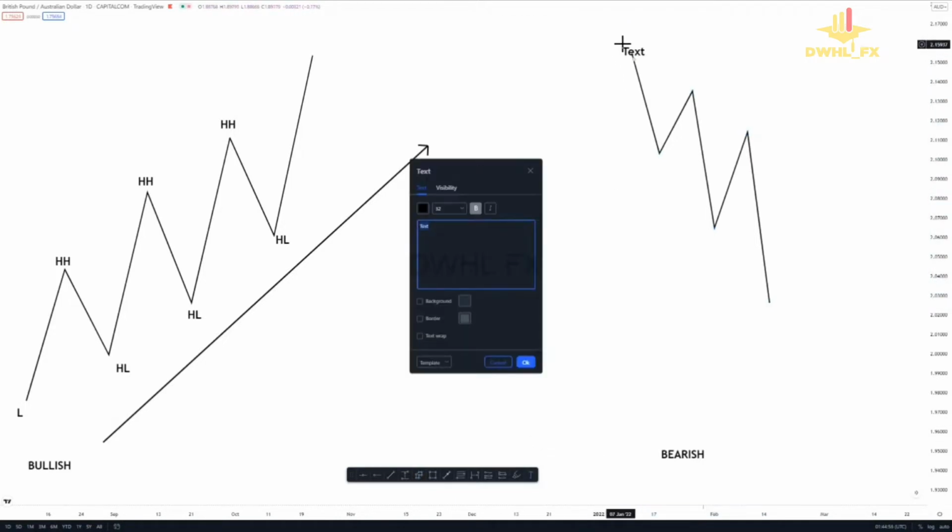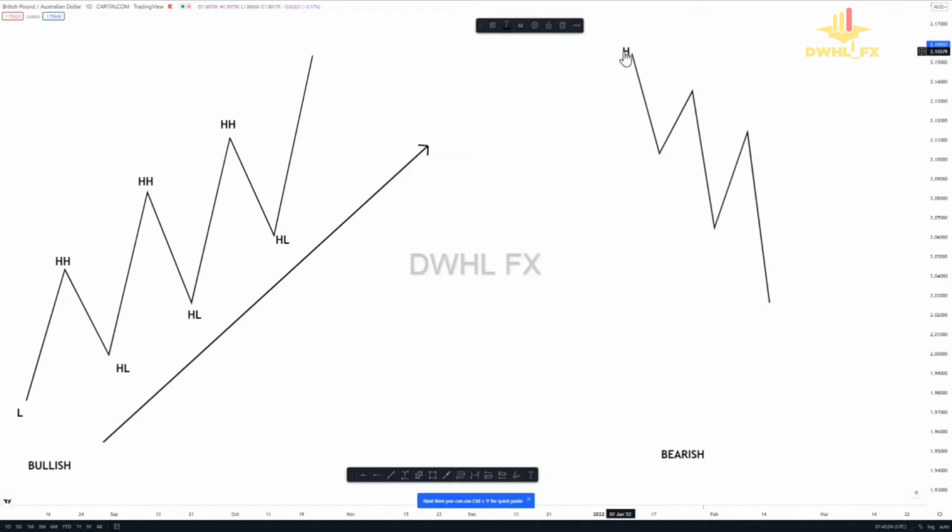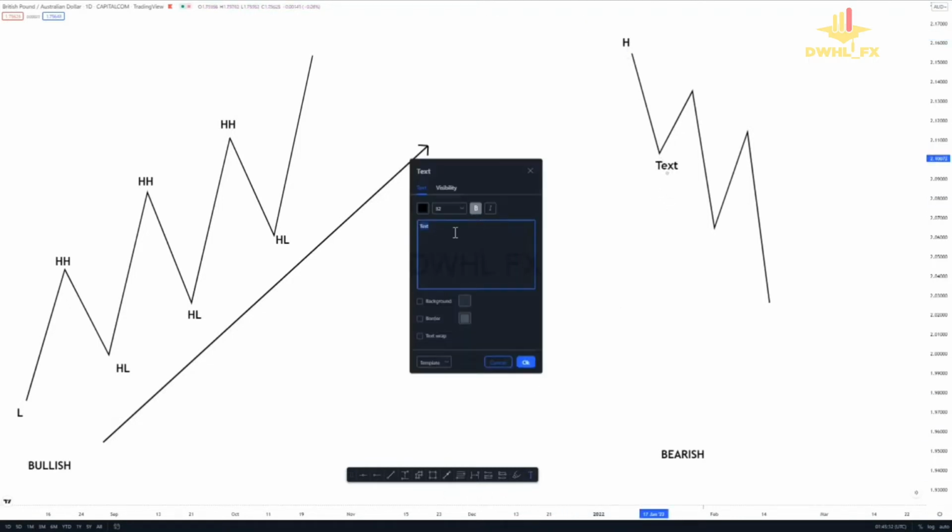So first of all, a high is created, then price creates a lower low. That's for a bearish structure.